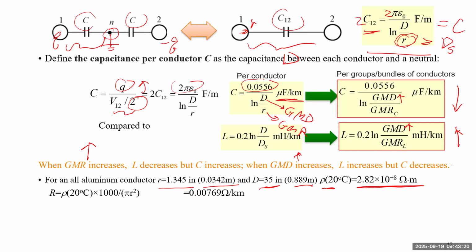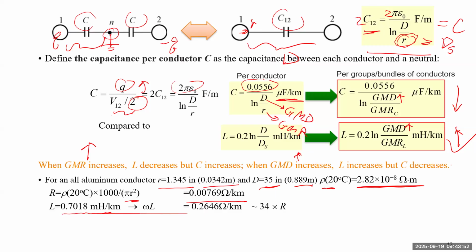So resistance is easier. Resistance is just rho times the length divided by the cross-sectional area, if you know the radius. That will give you 0.00769 ohm per kilometer. If you calculate inductance using the inductance formula, you get 0.7 millihenry per kilometer.